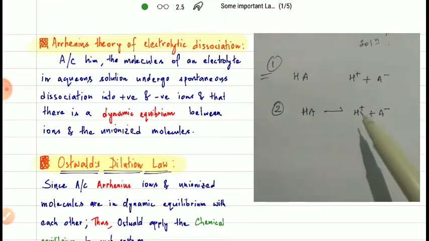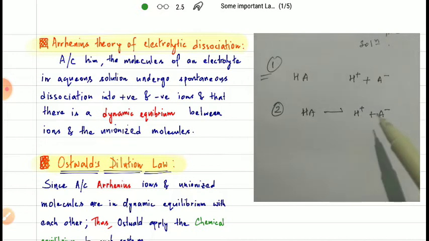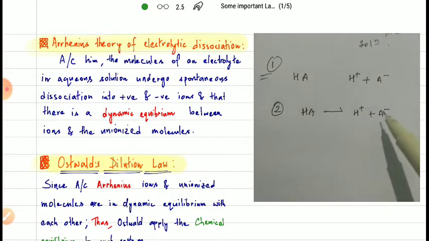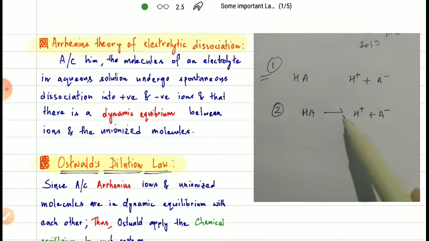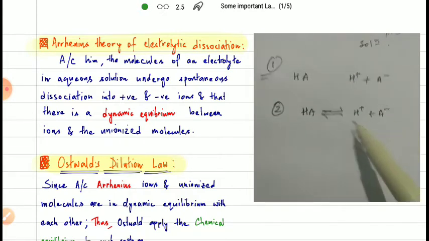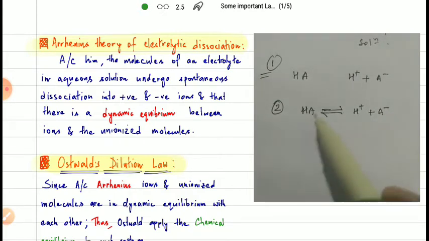So the ions will get some time to recombine with each other, meaning there will be a chance of backward reactions. These two ions will again combine and form the unionized molecules.